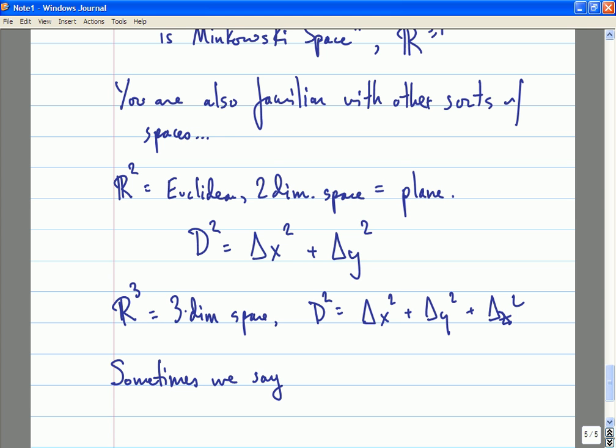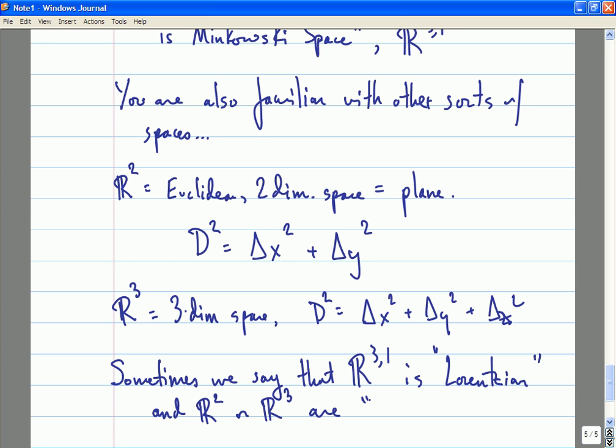We say that R31 is a Lorentzian space because one of the directions is time-like, in the sense that there's a minus sign in the expression for the invariant interval, as opposed to R2 and R3, which are Euclidean, in the sense that there are only plus signs in the expression for distances in the Pythagorean theorem, and that the standard rules of Euclidean geometry apply.